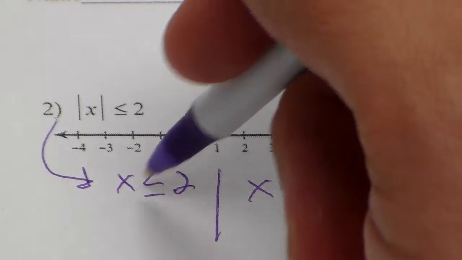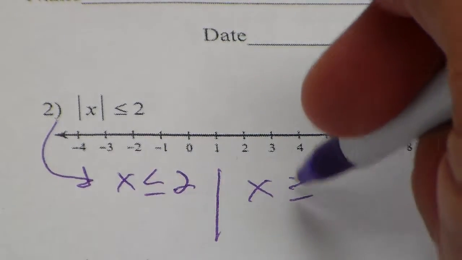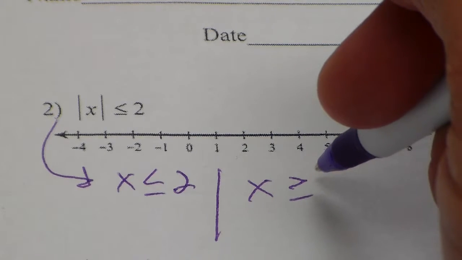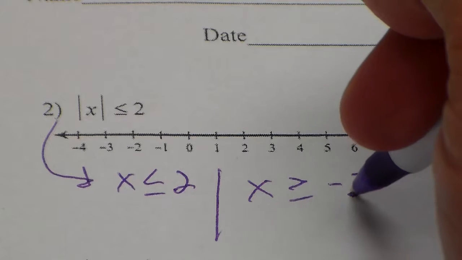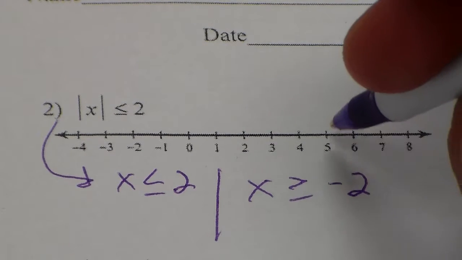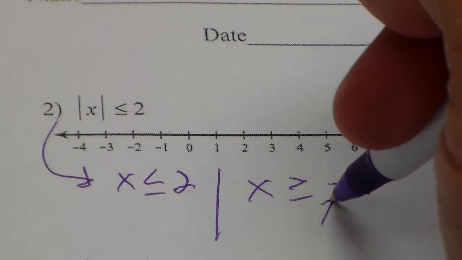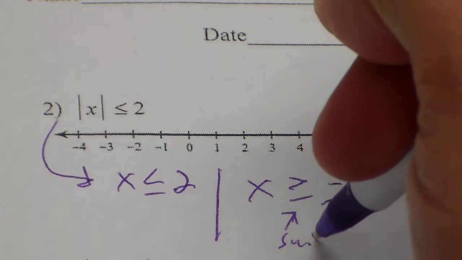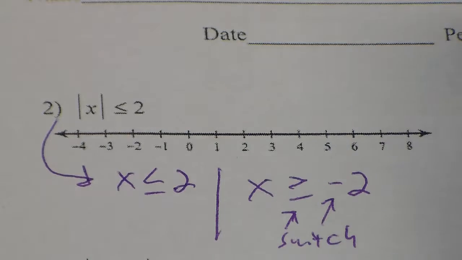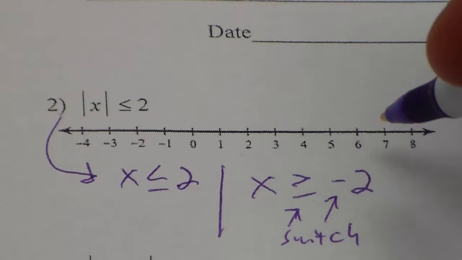And so one with the less than or equal to, the other one with the greater than or equal to, so just switching the inequality signs. And then also changing the sign of the number itself. So we're changing stuff here as well as here. Switcheroozy. Okay, so then, excellent. Now we've got it all solved there.